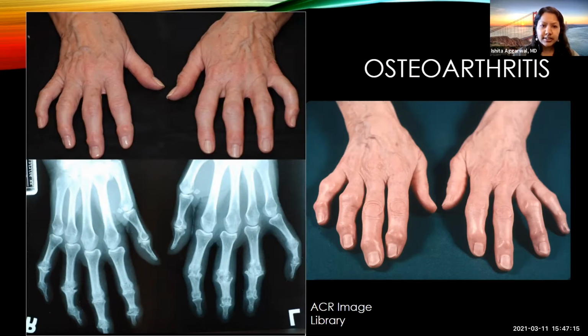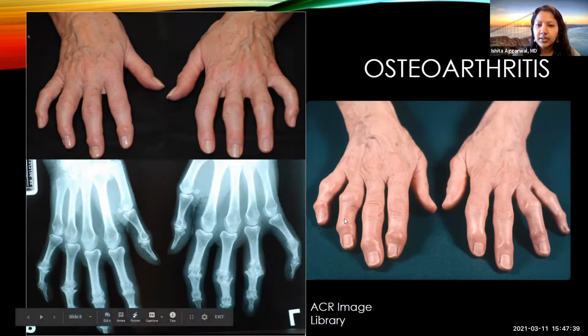So here in these images, you can see examples of osteoarthritis on patient images, as well as X-ray findings. The X-ray shows a very severe form of osteoarthritis with erosive changes. So there's some damage to the bones. And there are what we call Bouchard's nodes, that are the swelling of the PIP, proximal interphalangeal joints, and the distal interphalangeal joints, called Heberden's nodes, that can lead to this joint deformity and inability to straighten the hands.